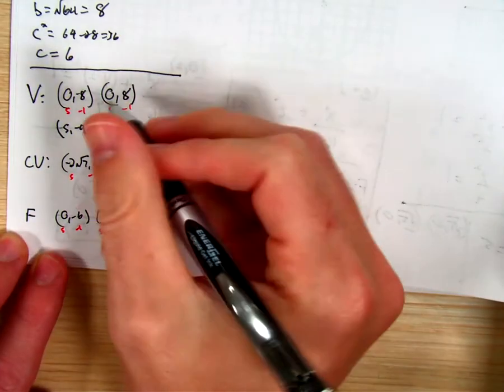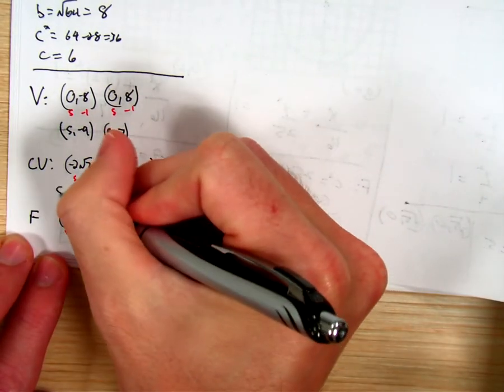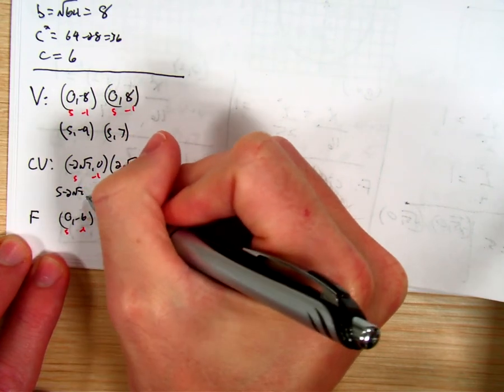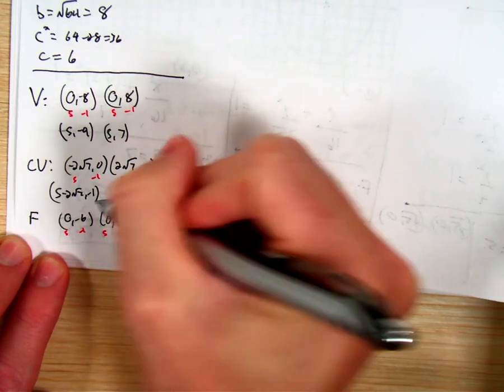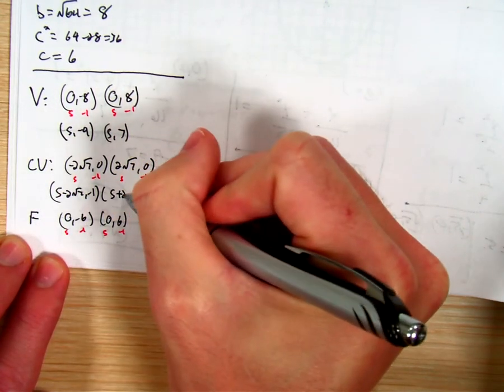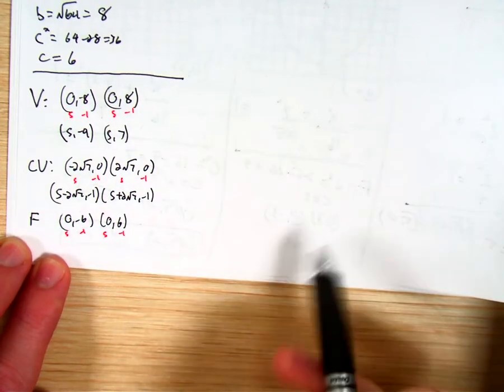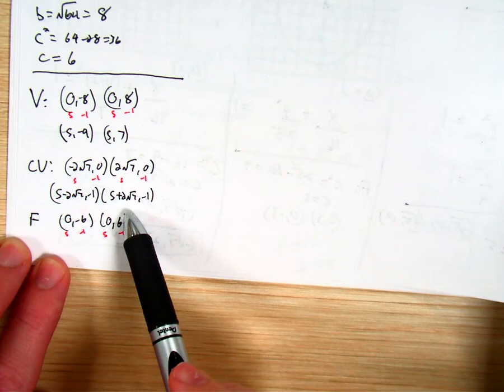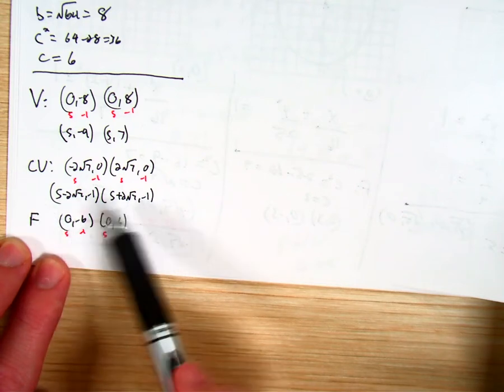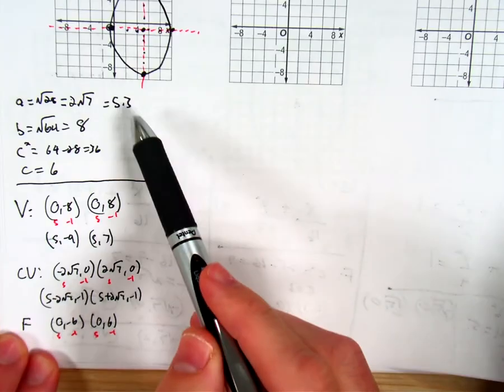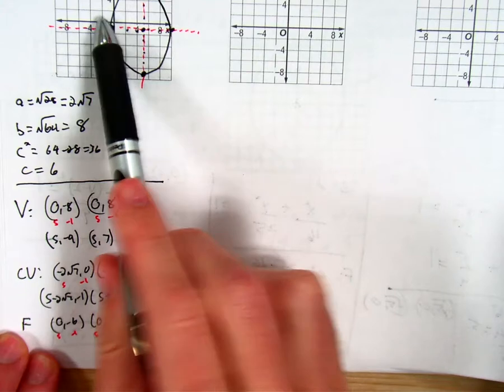Oh, these are going to be fun. We'll have 5 minus 2 radical 7, comma negative 1, and 5 plus 2 radical 7, comma negative 1. For your answers, we want simplest or reduced radical form, but it is nice to have the decimal version for yourself when you're actually plotting that out.